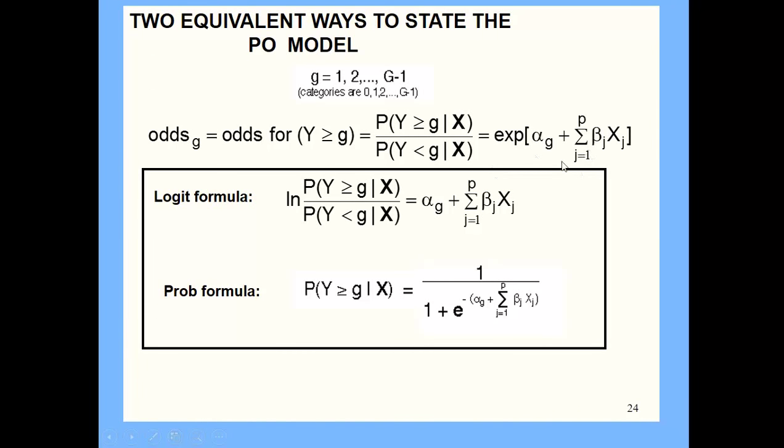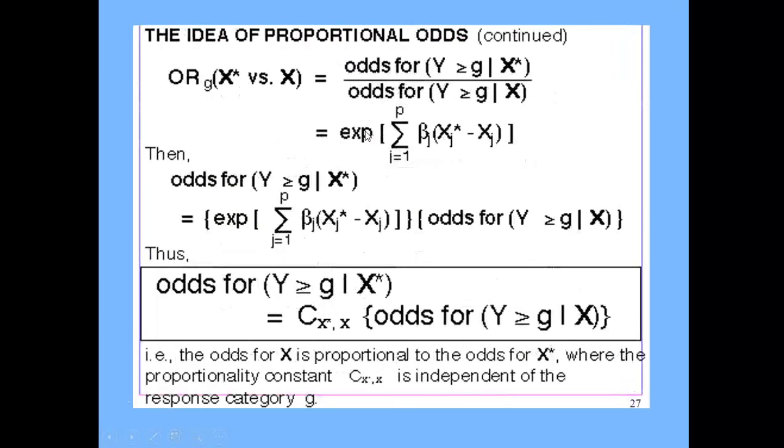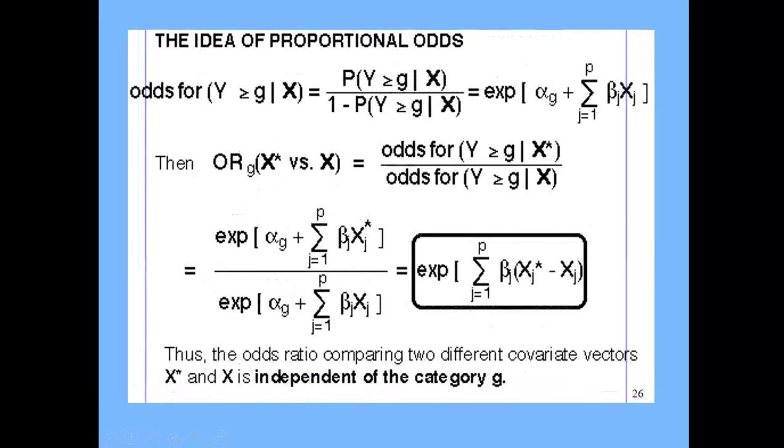You notice there's only G, there's no subscript G on the beta. The j is the jth regression coefficient for the jth variable, but there's only one G here. That is, G changes depending upon which category you're talking about. But I'm just writing this formula on this slide again. This is the odds for y greater than or equal to G.